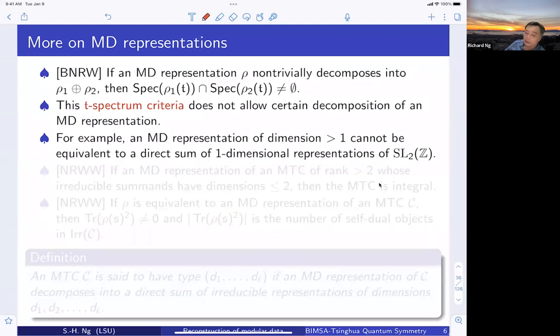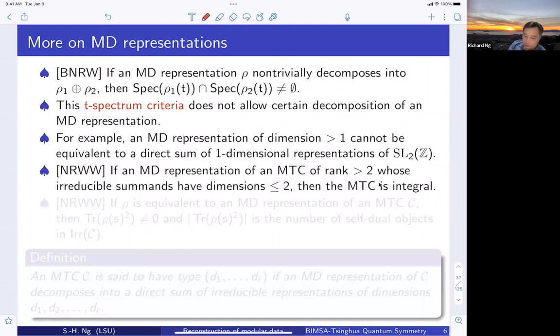The answer is no, because if it were true, according to this T-spectrum criterion, all these one-dimensional representations would be the same, and you would end up with an S matrix that is a scalar multiple of the identity. That will never happen, because the S matrix must have a non-zero row which represents the dimension. So this is one immediate application.